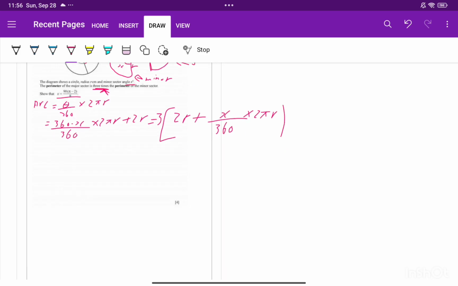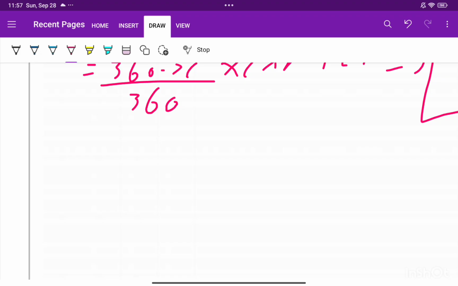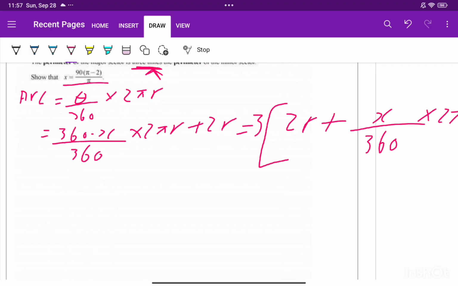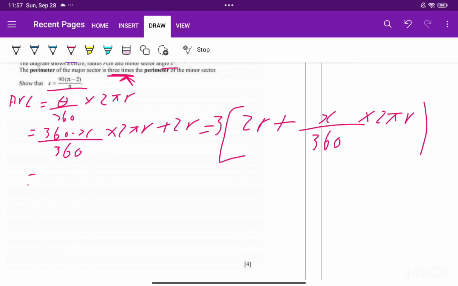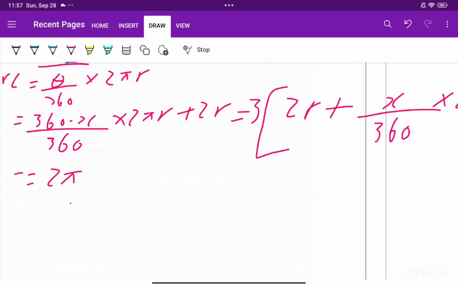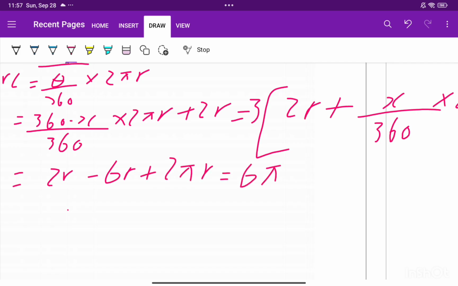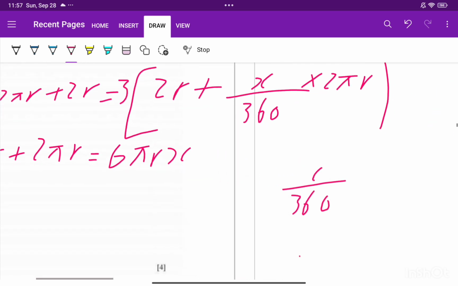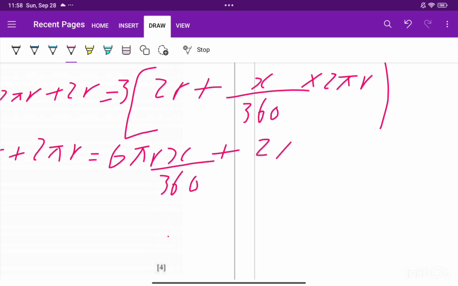So we will now make x the subject. If we multiply by 360, multiply by 3, and take 2r to that side, we will get 2 radius plus 6 radius, plus 2 pi r x over 360, plus 6 pi r x over 360.